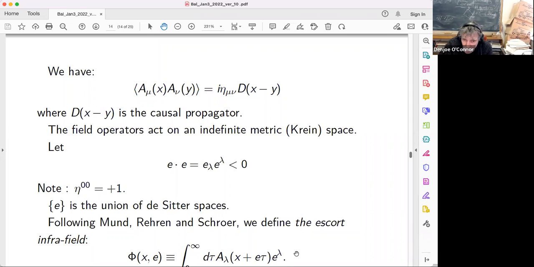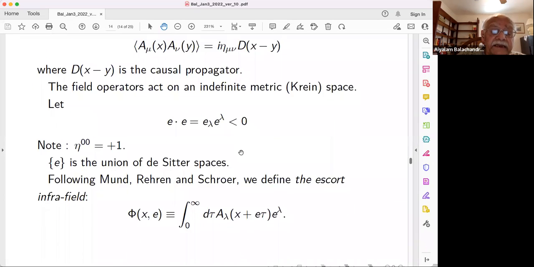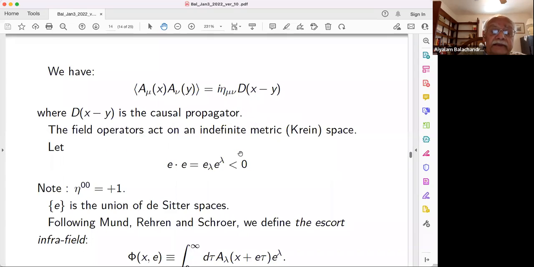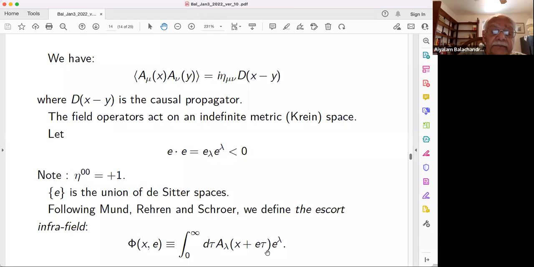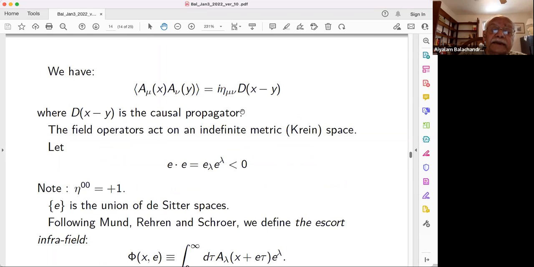No, this is a starting point for the phi, but A mu is gauge fixed, but I go away from the gauge fixing when I look at this expression. I am not using it when I write this expression and the corresponding expression here. When I try to write this Escort field explicitly, I'm using this Feynman gauge propagator.